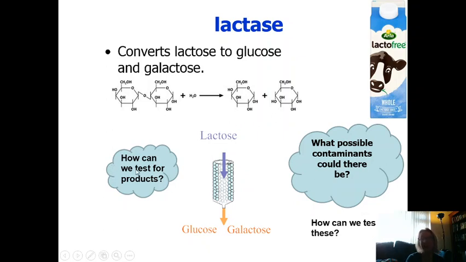So we were going to actually have a go at doing this, and we were going to test our product to see how pure it is. Obviously we could test for glucose, that's the product that we're looking for, but we can also check for contaminants, which potentially could be protein.